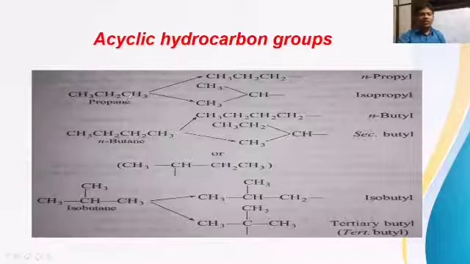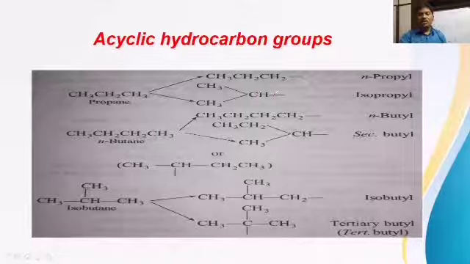Next, if you remove hydrogen from the middle carbon of the propane molecule, suppose from the middle carbon, the CH2 carbon has lost one hydrogen, imagine. Then we get CH3, bond, CH, bond, CH3. That means the middle carbon CH2 has lost one hydrogen and became CH.